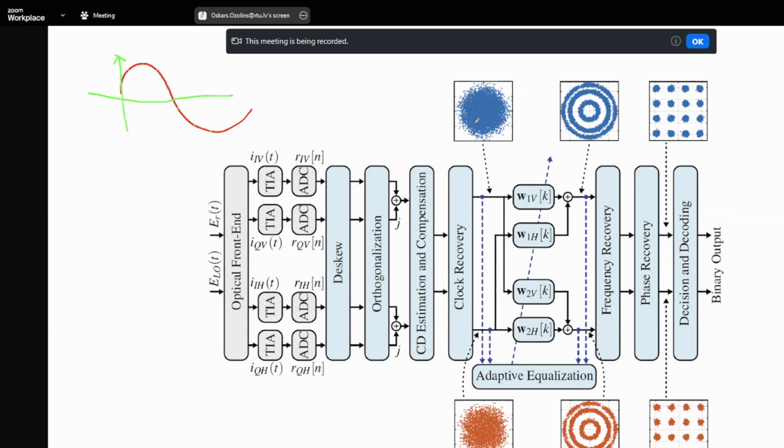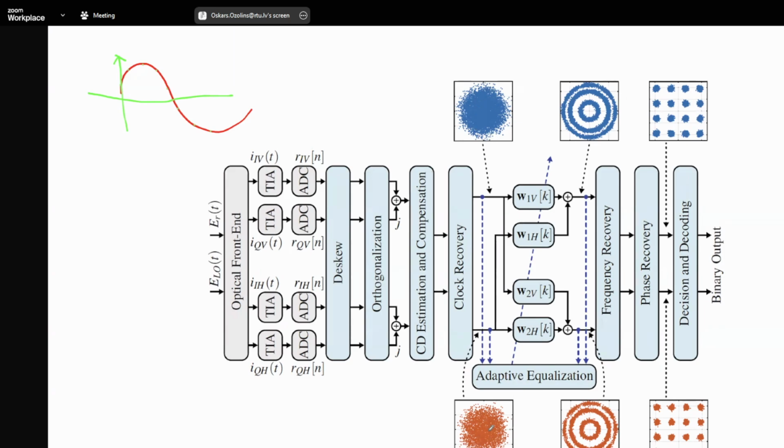Some symbols are mixing from two different polarizations, half here and half there, or 30% here and 70% there, and vice versa. So what you do with this step is rotate the polarization back. That's one thing you do. So you know that symbols for different polarizations are different, and then you start to see clearly 1, 2, 3 amplitudes.